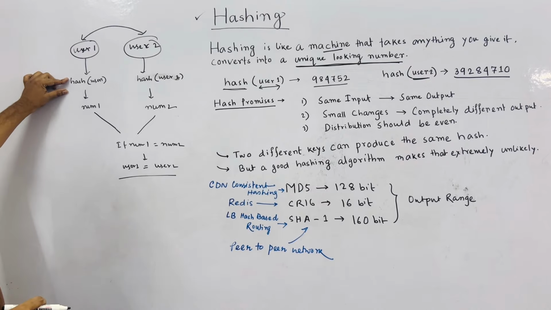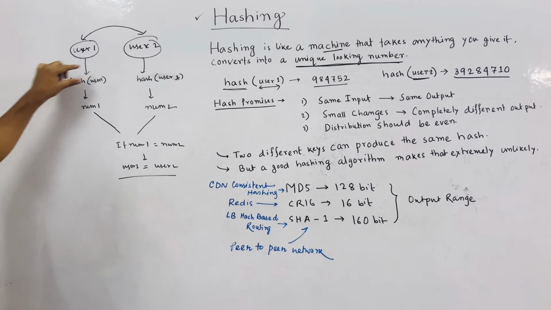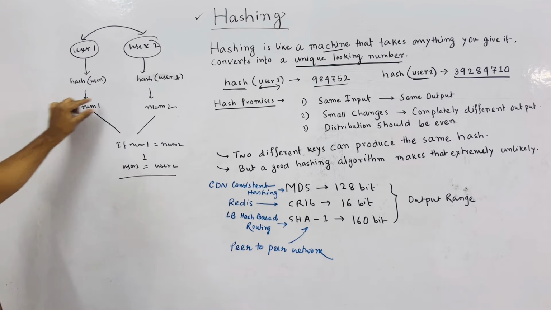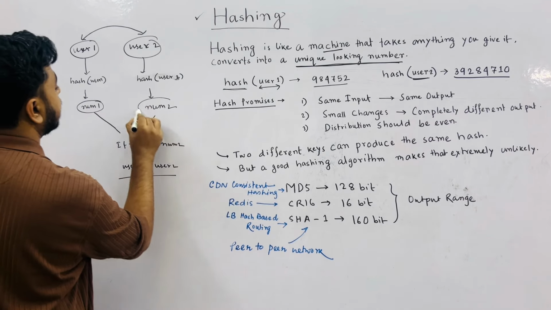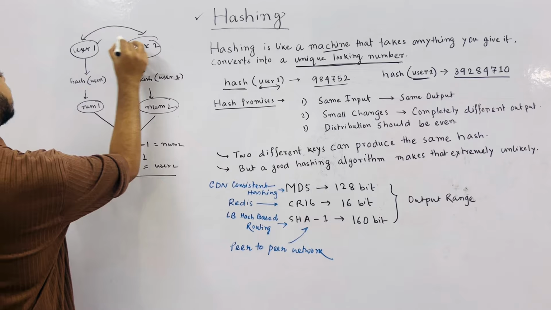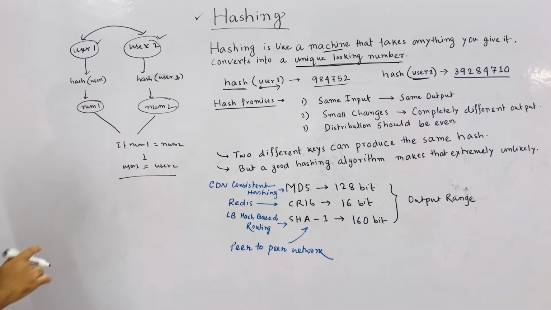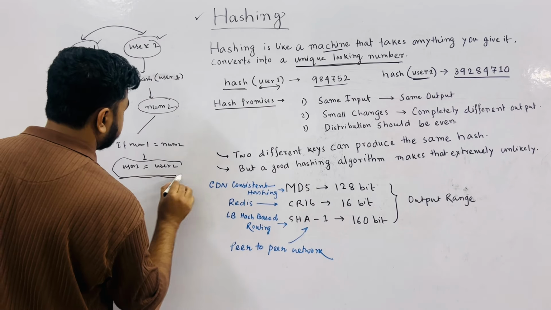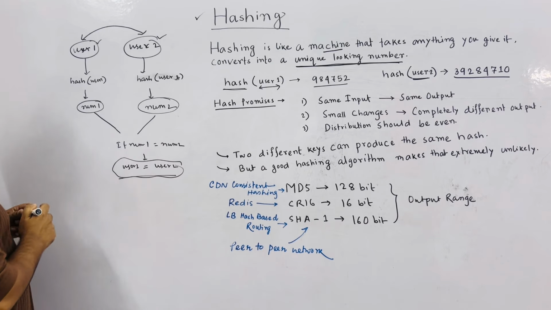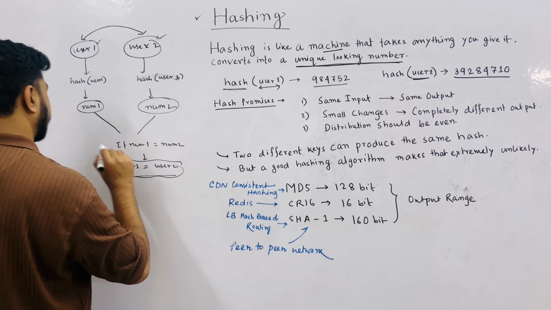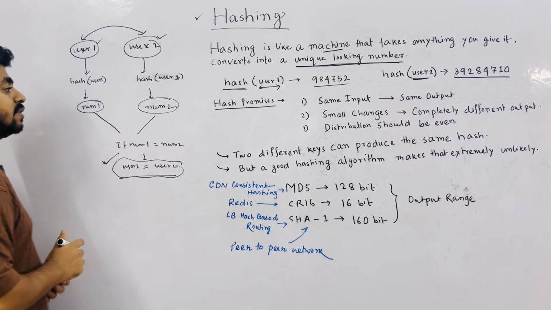So hashing is what? You can hash any particular object and this hash will generate a unique number. So if this unique number is the same, that means the users can be the same, right? Because as we said, it is a unique number, but it is not guaranteed, though most likely user 1 and user 2 will be the same.